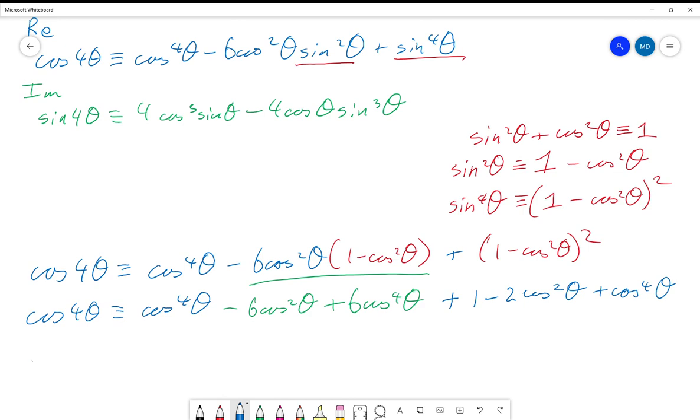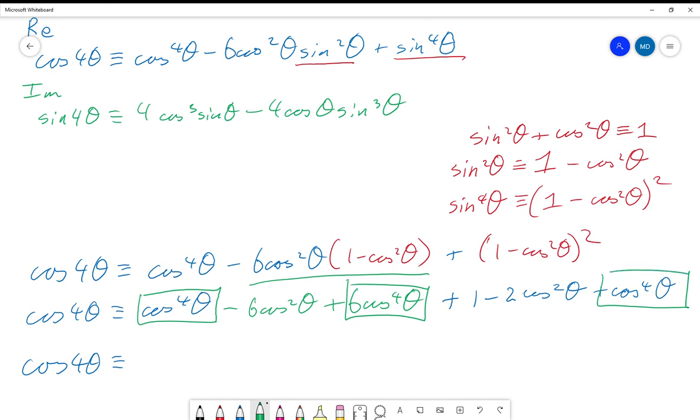And then collecting like terms, cosine 4 theta is identical to, first of all, we've got this, this, and this term all to the power of 4. So we get 8 cosine to the power of 4 theta. And then we have this term and this term, both squared. We get minus 8 cosine squared theta. And lastly, we've got a 1 on the end, so we get plus 1. And there we go.